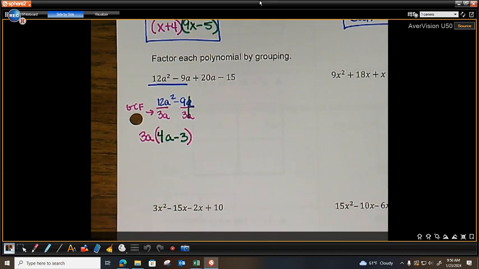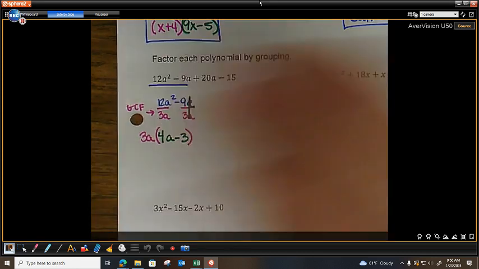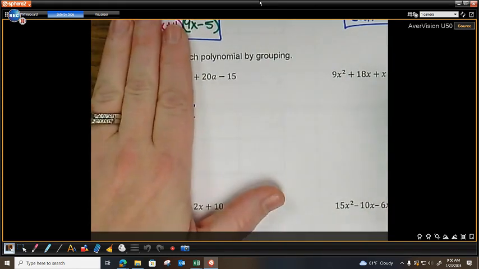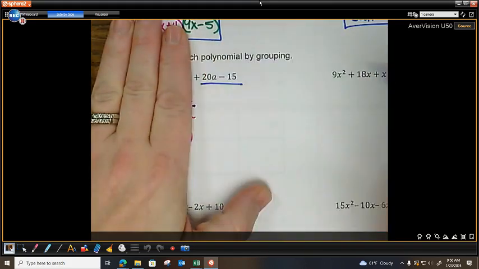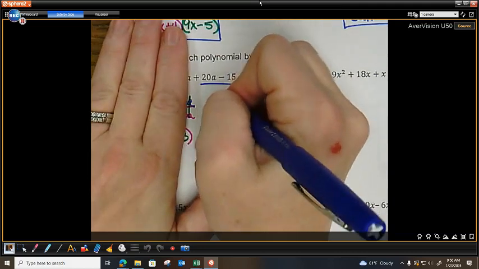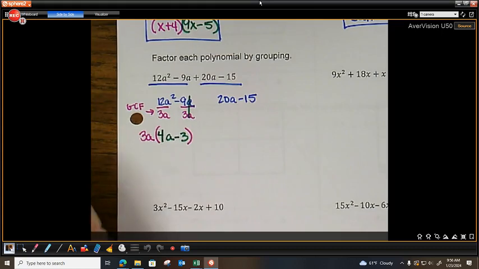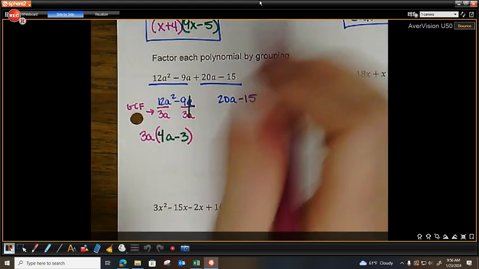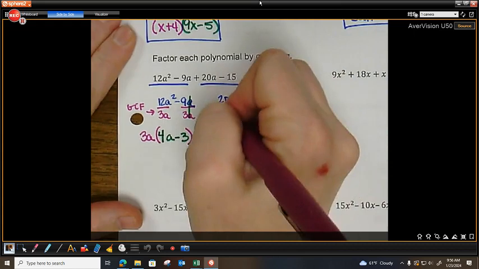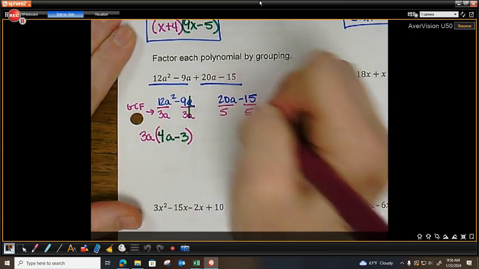Good with that? Now we're going to pretend the first two terms, all that work I just did, don't exist, and now we're going to group our second two terms, or last two terms. I have a positive 20a minus 15. What's your GCF of 20a and negative 15? 5. So I'm going to divide both by 5. Do they both have an a?